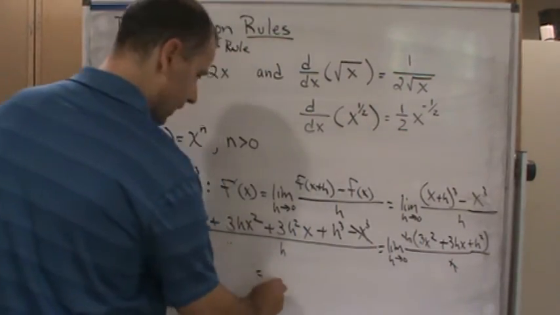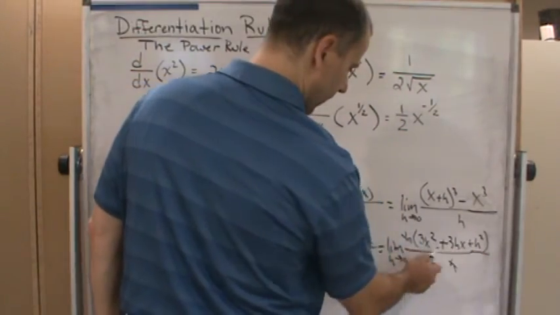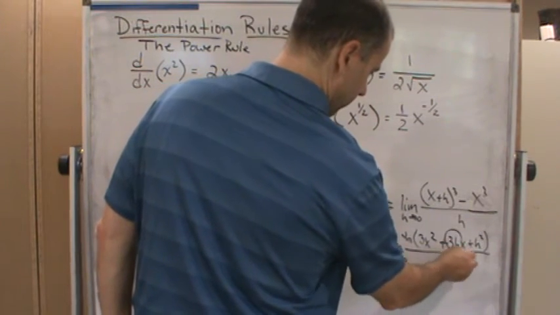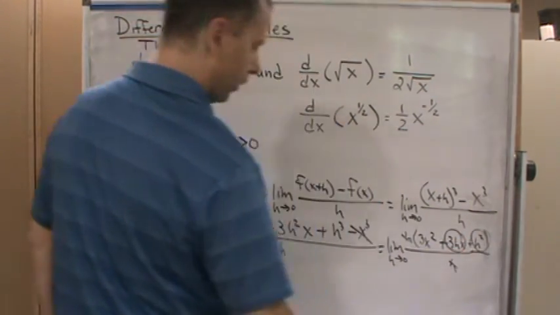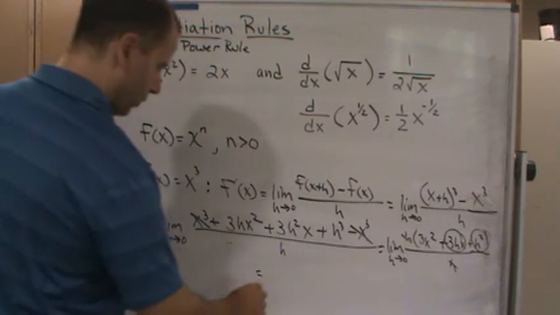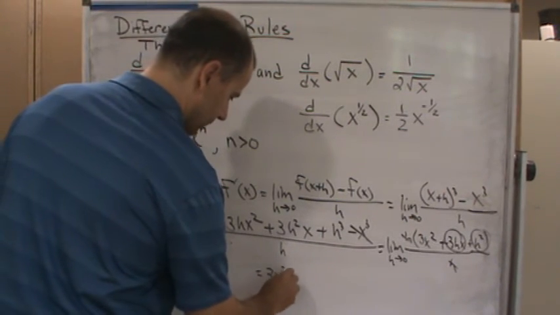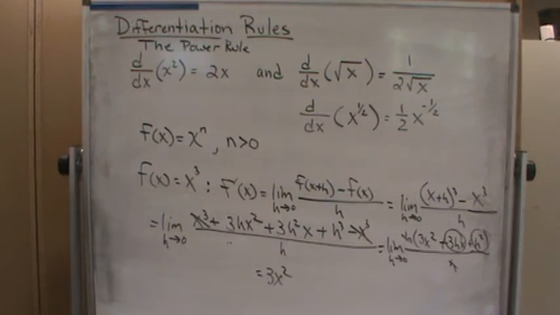And then if we take the limit of what's left over as h approaches 0, this term and this term are going to go away. And so we're left with 3x squared as the derivative function.